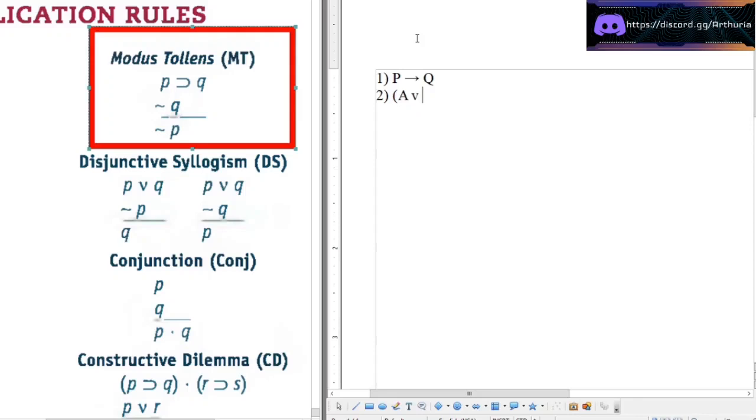Let's do A or B, and then if that's true, then if A or G is true, then not Q or P. And I'm telling you that Q is true. There's a modus tollens here.